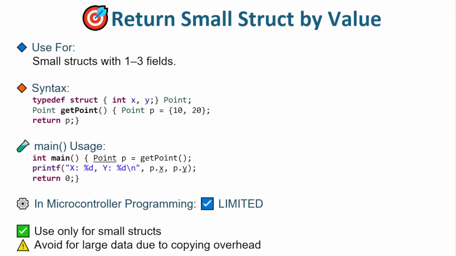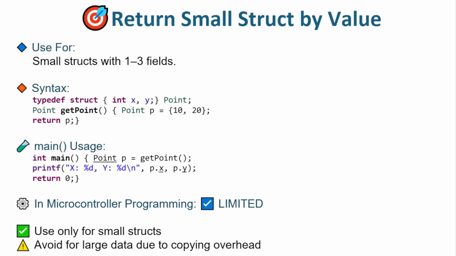Number two, return a small struct by value. Now let's talk about returning a small struct by value. This method works well for structs with just a few fields like 2 or 3. You create a struct inside the function and simply return it.